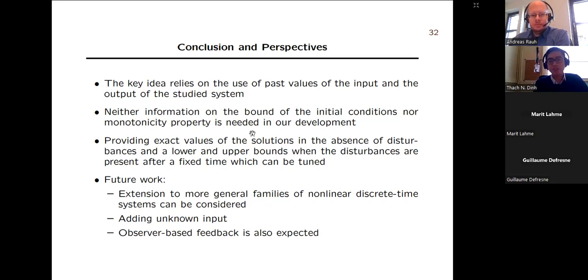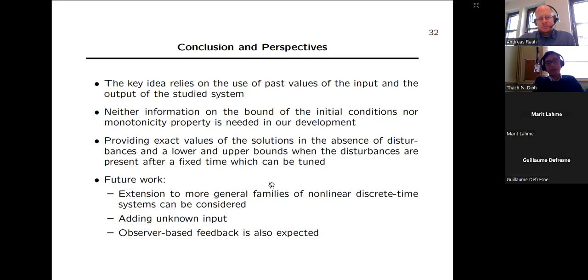Neither information on the bound of the initial condition nor monotonicity property is needed in our development. We can provide exact values of the solution in the absence of disturbances, and lower and upper bounds when the disturbances are present after a time which can be tuned.